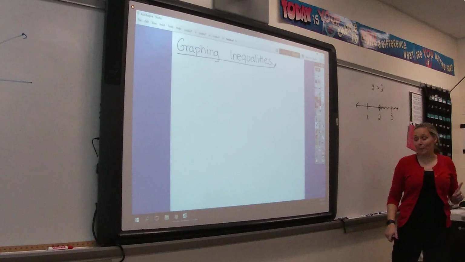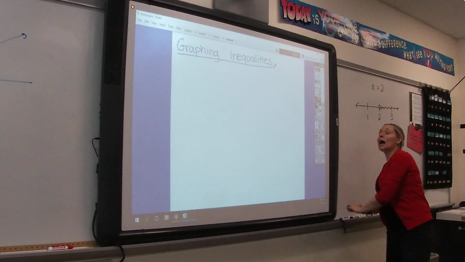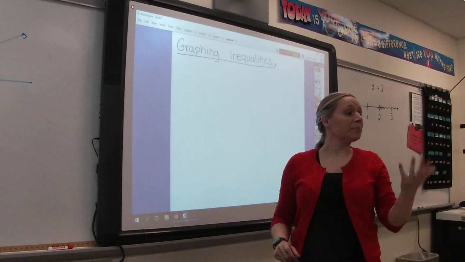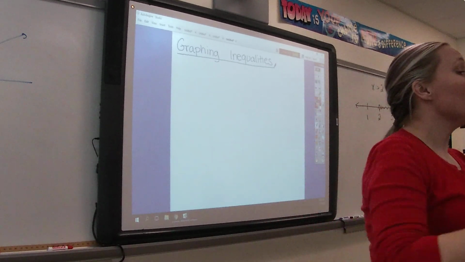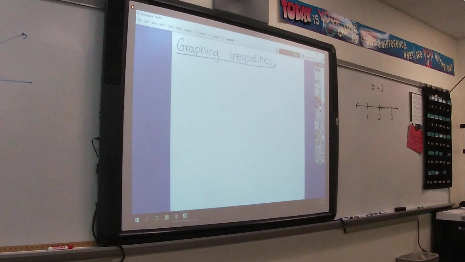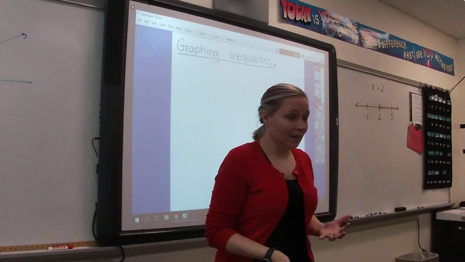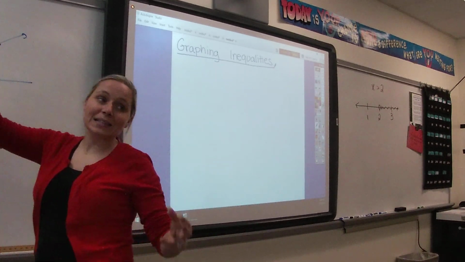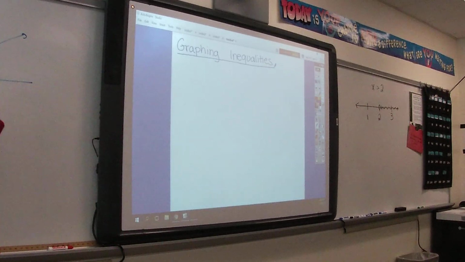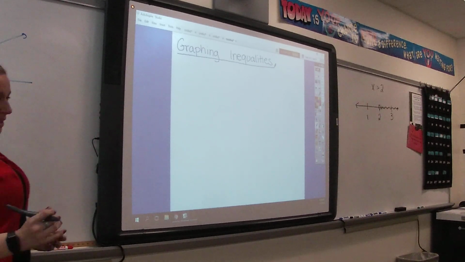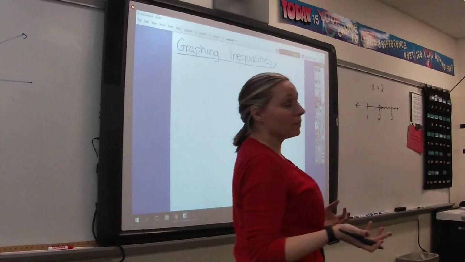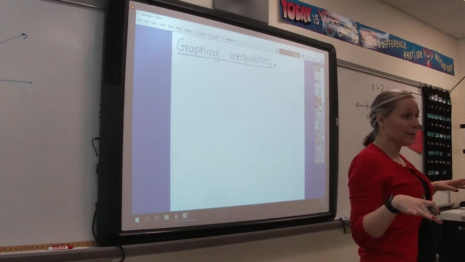Same idea needs to happen today, except now we're going to be graphing on the coordinate plane with inequalities. So we will have 2 variables. We will have an x and a y. Okay, and they will look like lines. Instead of just being on a number line, we will be on our X and Y axis. So the rules are very similar, but they change just a little bit because we're no longer dealing with just a single number line.